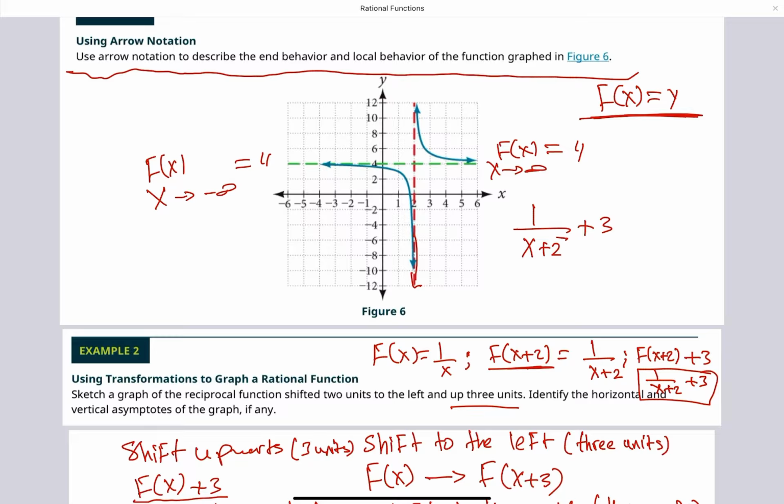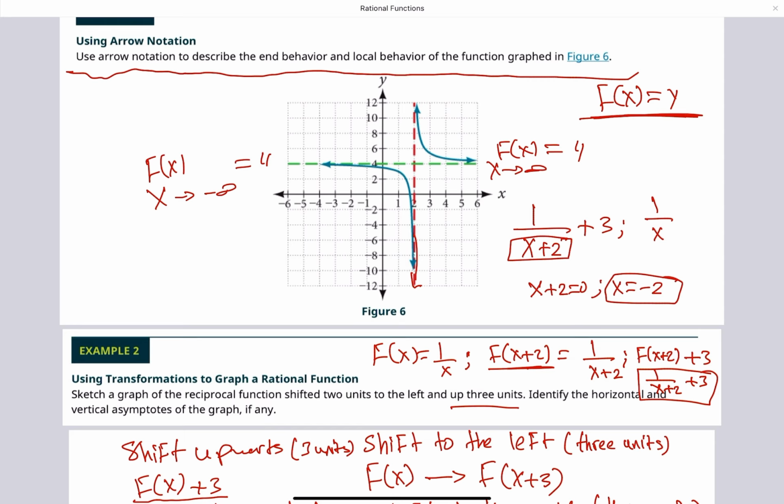Well, remember, for vertical asymptotes, you just take the denominator. So we have x plus 2 equal to 0, x equals negative 2. This is your vertical asymptote. What is the horizontal asymptote? You take the leading term. We don't have any leading terms in this case with the numerator. You can just take 1 and divide it by x.